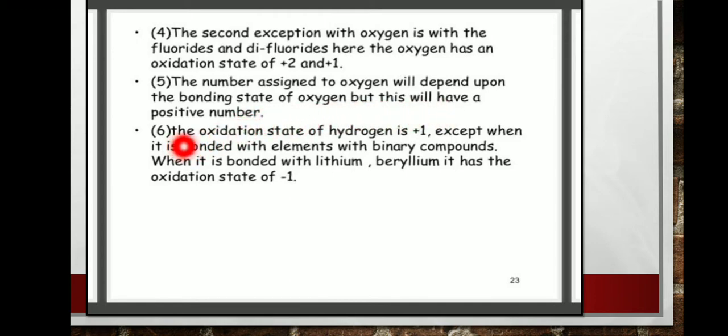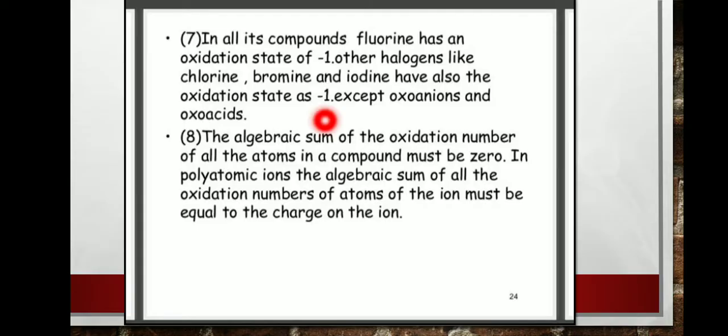Sixth point, the oxidation state of hydrogen is +1 except when it is bonded with elements in binary compounds. When it is bonded with lithium or beryllium, it has the oxidation state of -1. Seventh point, in all its compounds, fluorine has an oxidation state of -1.